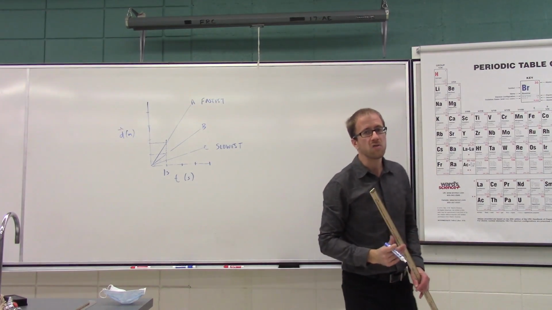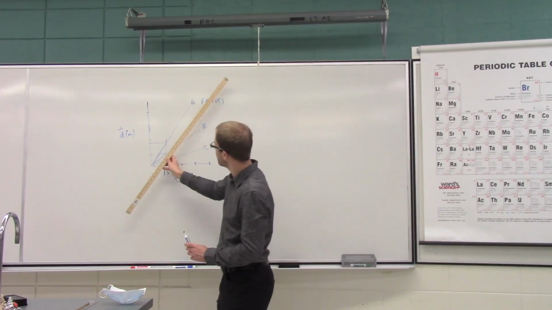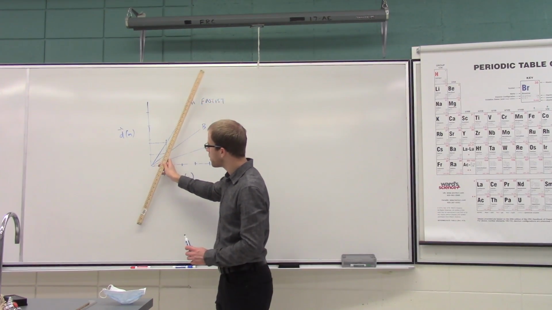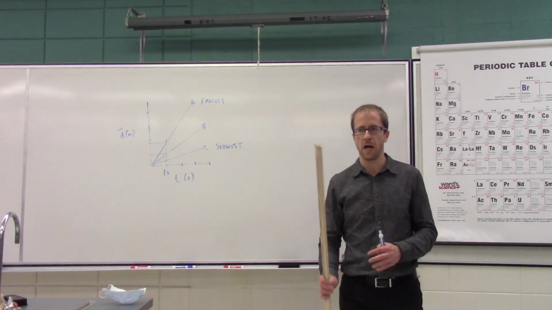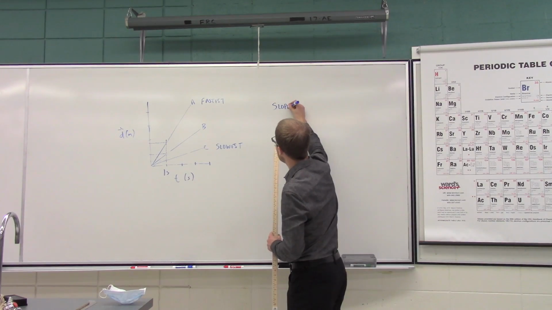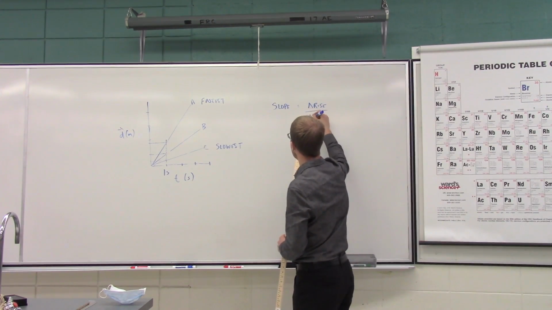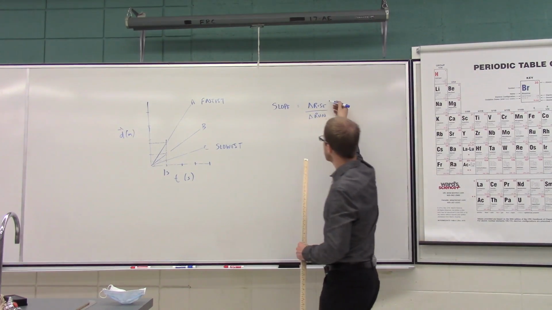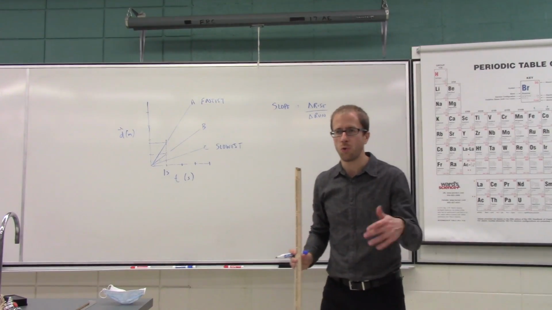So A is going the fastest, and again, you can tell just by looking at the slope. The steeper the slope, the greater your change in position over time, the greater your change in your rise over the change in your run. And the greater your change in your rise versus the change in your run, the faster your velocity.